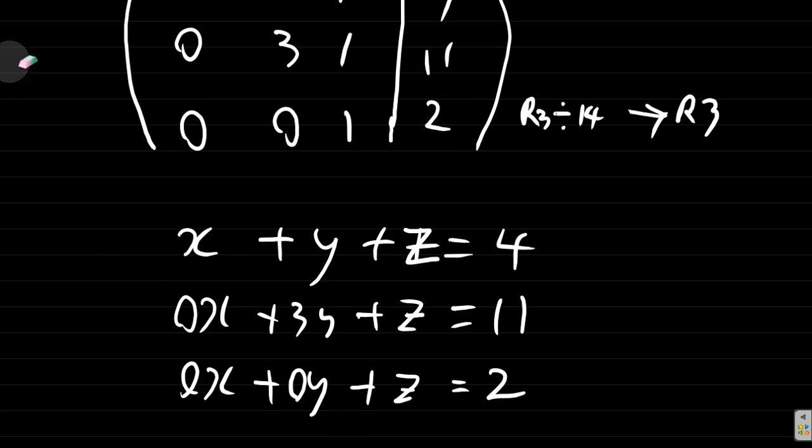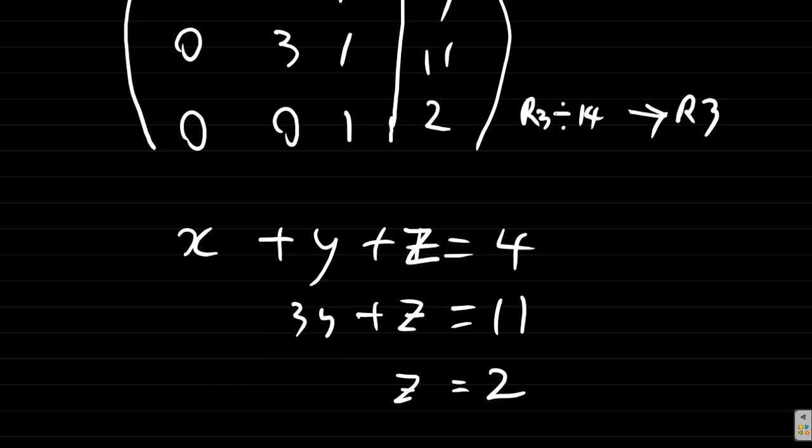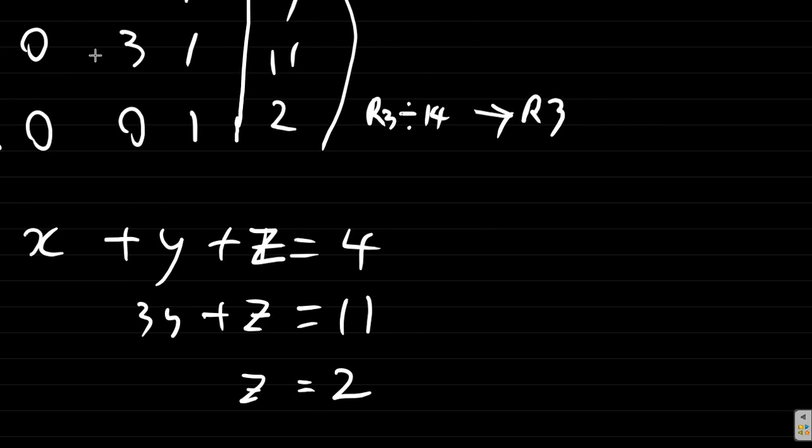Alright, that's what we have made it from. What is 0x and 0y? You don't need to see them. So all you need to see is this. So from this, we know that z is equal to 2. Alright? From here, z is 2.